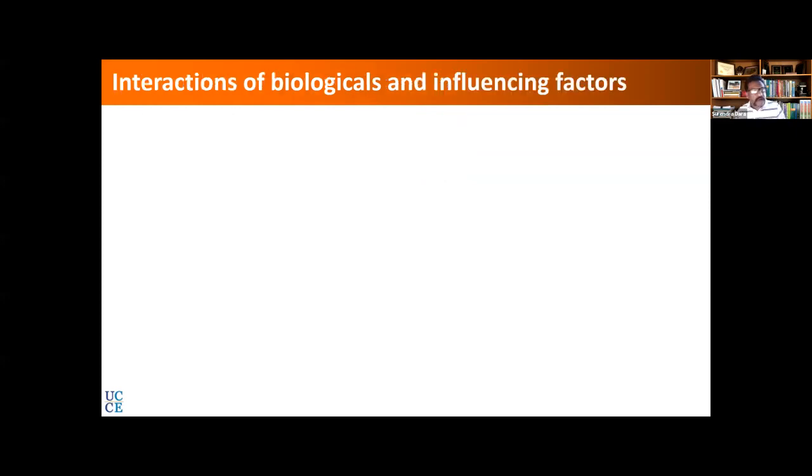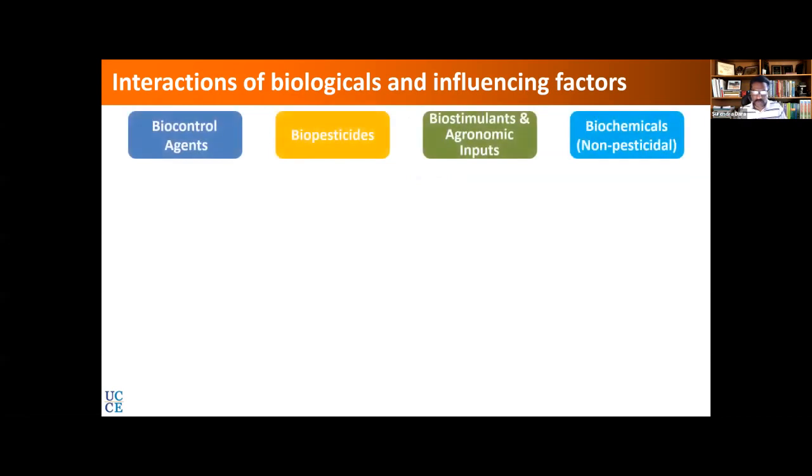Then we want to understand the interaction of these biologicals and what the influencing factors are. So we have these 4 main categories here: biocontrol agents, biopesticides, biostimulants, and other agronomic inputs. I just put them all together. And then we have non-pesticidal biochemicals, mainly pheromones and so on. When you are using biocontrol agents, it is important to see how they interact with pesticides, or when you are applying pesticides, we need to make sure that they are compatible.